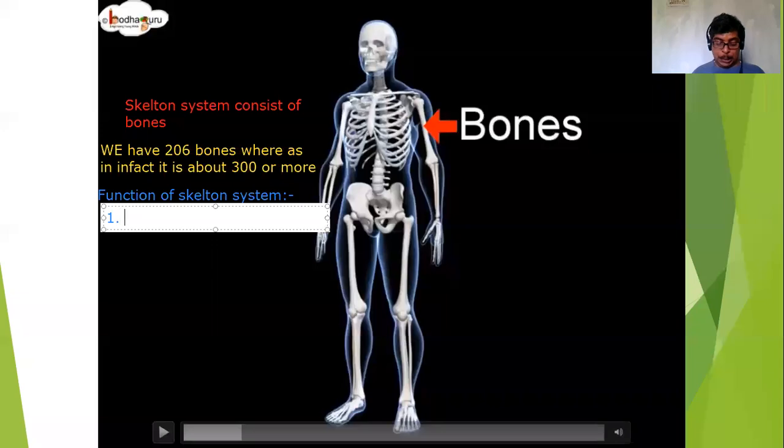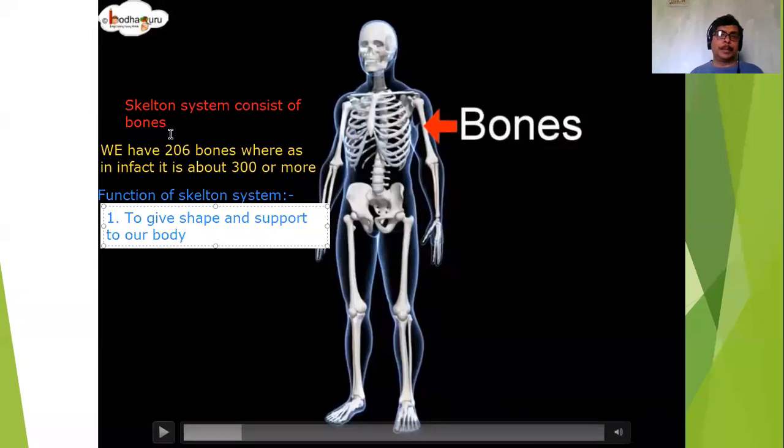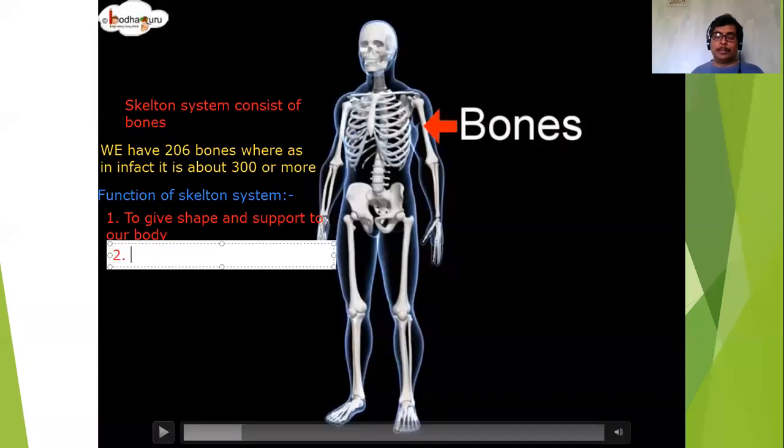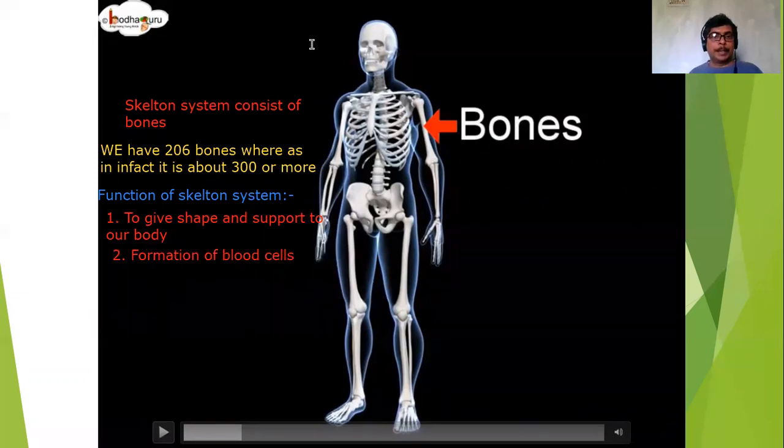This is the first use of the skeleton system. Second is formation of blood cells. This is the second function.